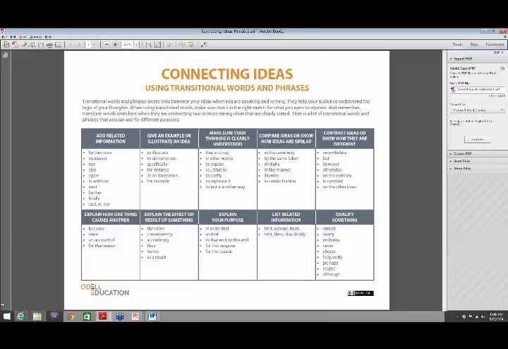We have included more along the lines of next and first and finally and in conclusion, but there are a wealth of words out there that show other different types of things, and that's what we're going to want to do. So this is one area where you may want to help build your students' vocabulary and how they're using transitional words and phrases. And as we said, you can just download this one after the webinar itself if you haven't already done so.